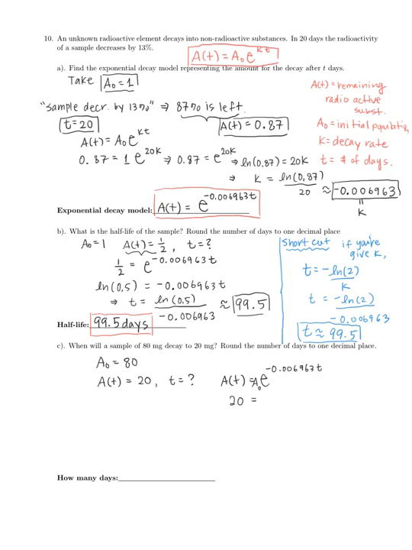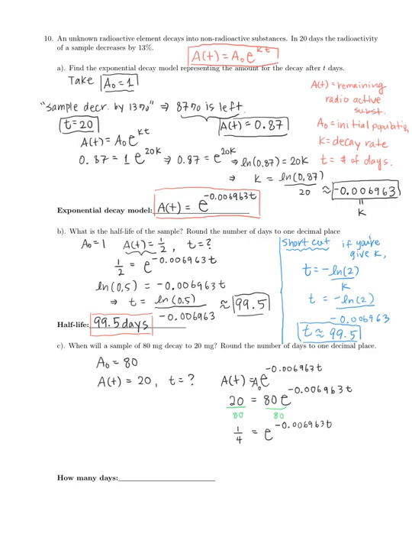So here you're going to have 80 times e to the negative 0.006963t. Now, before I apply the natural log, I need to divide both sides by 80. Don't forget to do that. So it looks like we're going to have 2 over 8, which is 1/4, equals e to the negative 0.006963 t.